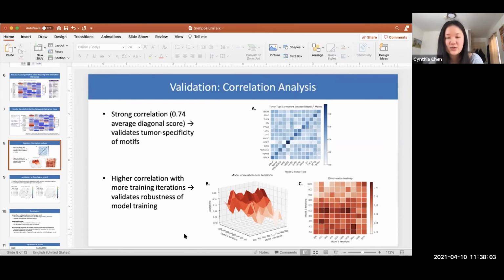But I noticed that there wasn't too much research done to look back at these models and almost reverse engineer them and see what they learned. So this led me to approach labs with this question of how can we better understand deep learning models. And this happened to be a really great fit because my mentor had just built a deep learning model. So I was able to add on to his project by examining the model a little bit more.